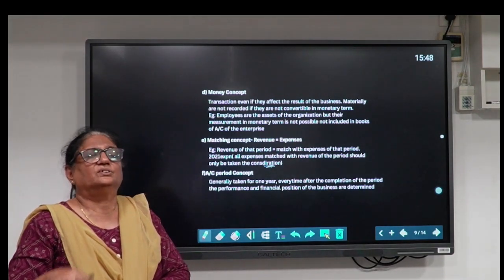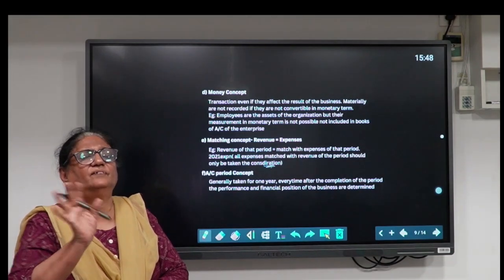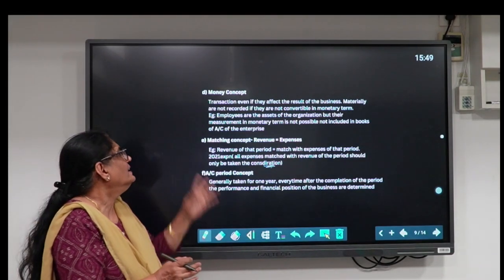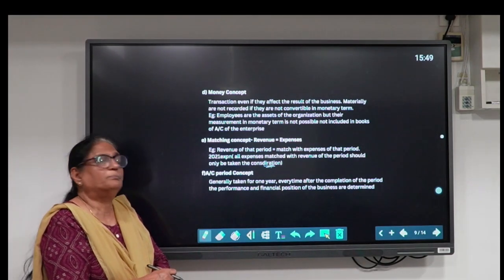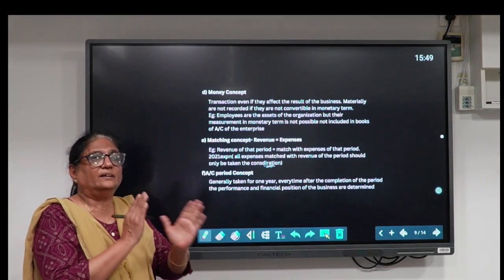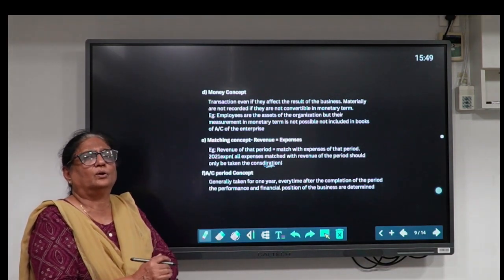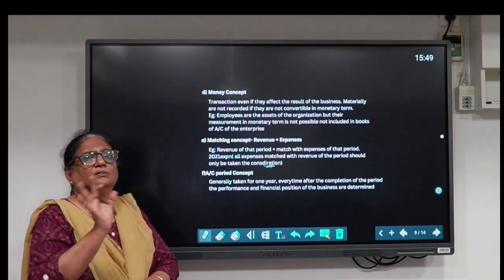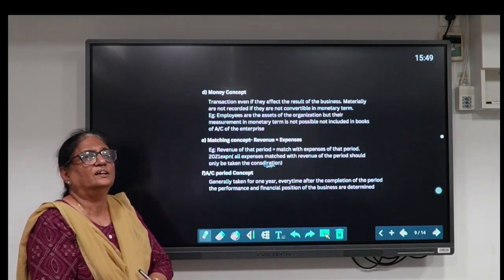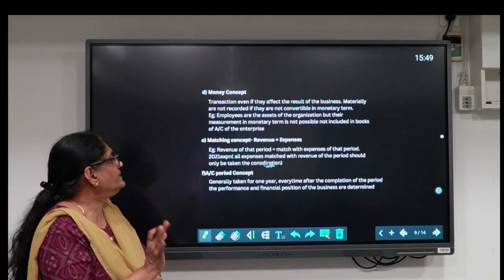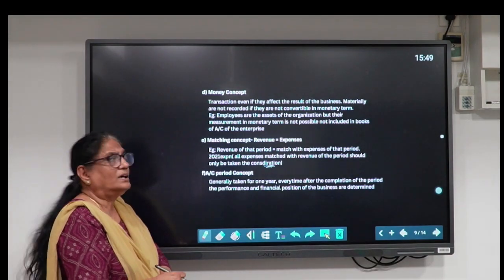The 2 lakhs shown in the stock, the inventory, will not be recorded. That is how revenue of that period is matched. What you have recognized during that period, that much only you record. What is still in stock, we have not realized or sold, so that will not come into accounting.